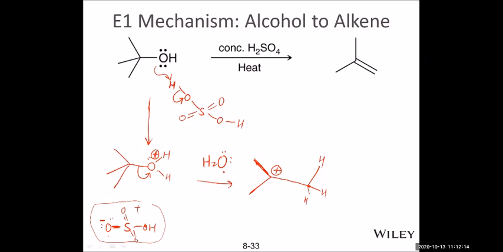You've got water as a base or bisulfate as base. Both have pros and cons. The water is supposed to be a stronger base than bisulfate, so it all depends on which one's the stronger base. So let me think about this without checking my book.